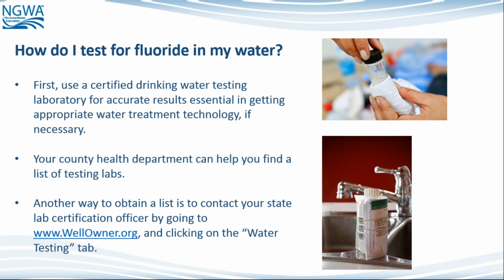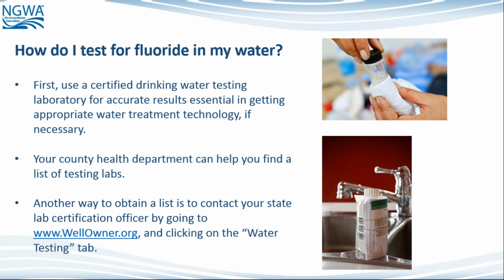So a lot of people ask me, is there a field test? Is there a dropper test? Is there some type of test? Well, certainly there are, but the recommendation when we're dealing in water quality, especially controlled and regulated water quality, is to utilize a certified drinking water testing laboratory. Generally, your county health department can help find the proper testing, and a lot of state organizations.